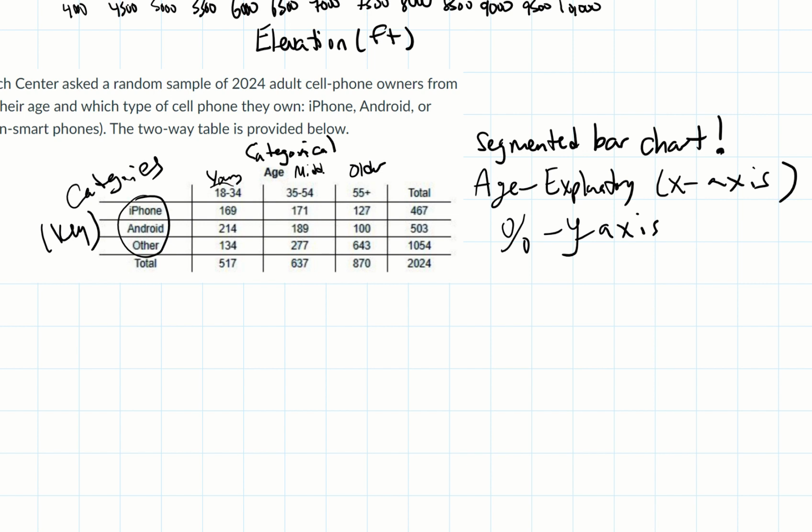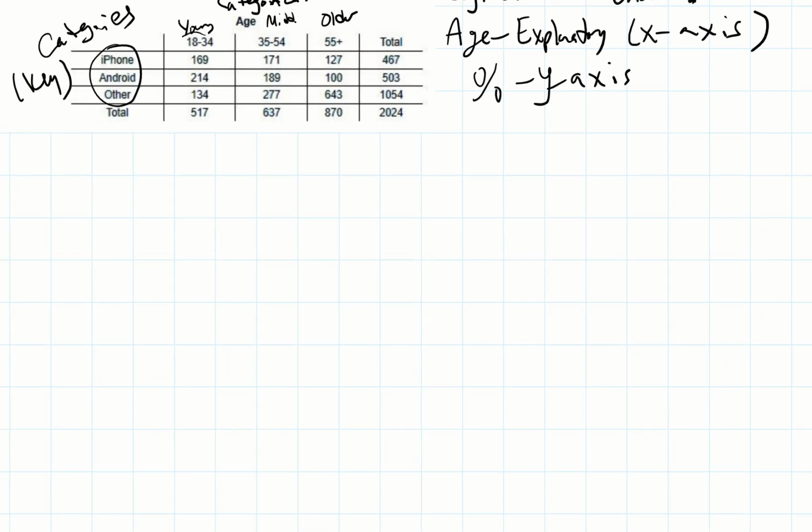Whatever is not the explanatory goes in the key. So we need to make a key for iPhone, Android, and other. We're going to say that a completely blank bar will represent iPhone.